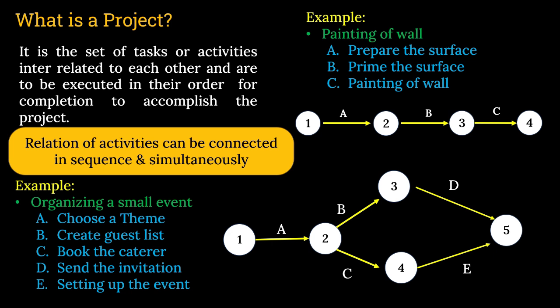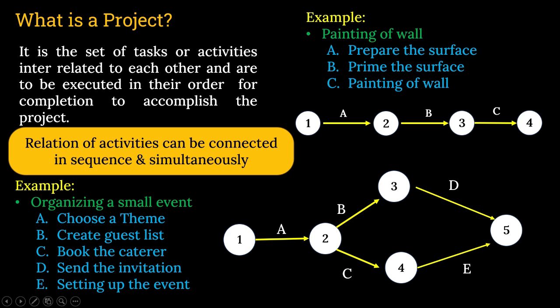Now, relation of activities can be connected in sequence and simultaneously. Here you can see in this example, it is all sequentially connected. Task A will start and finish. Then task B will start. And once B is completed, then only task C will start.